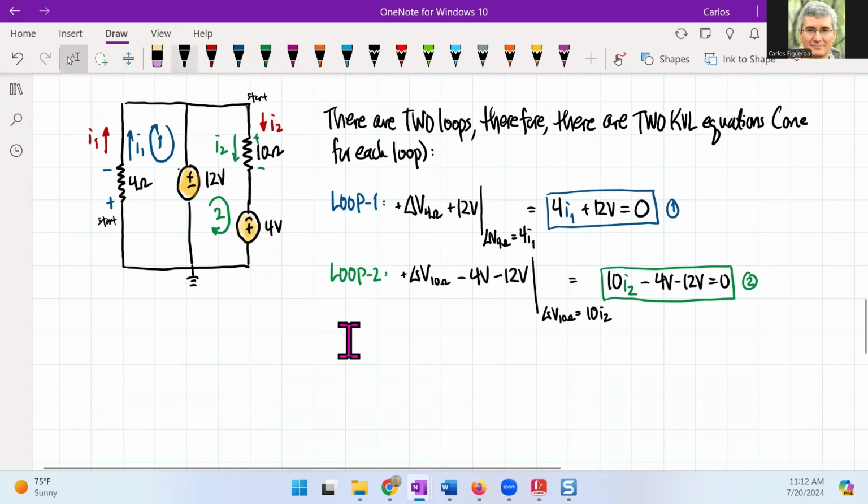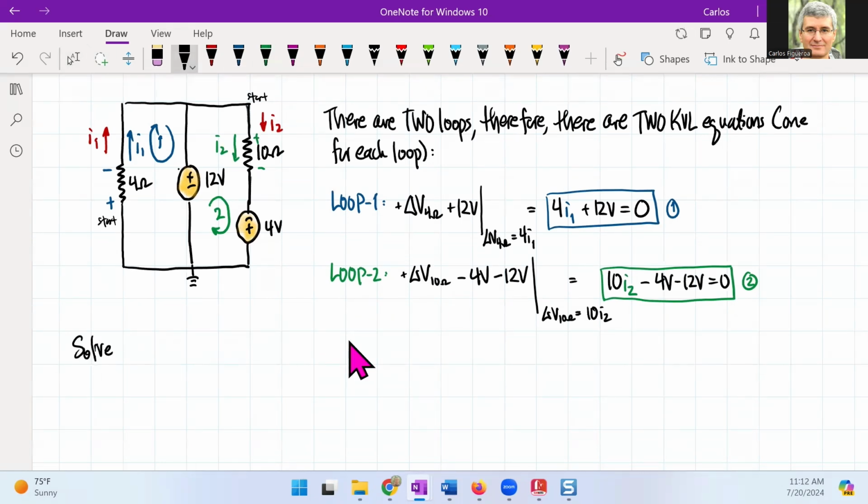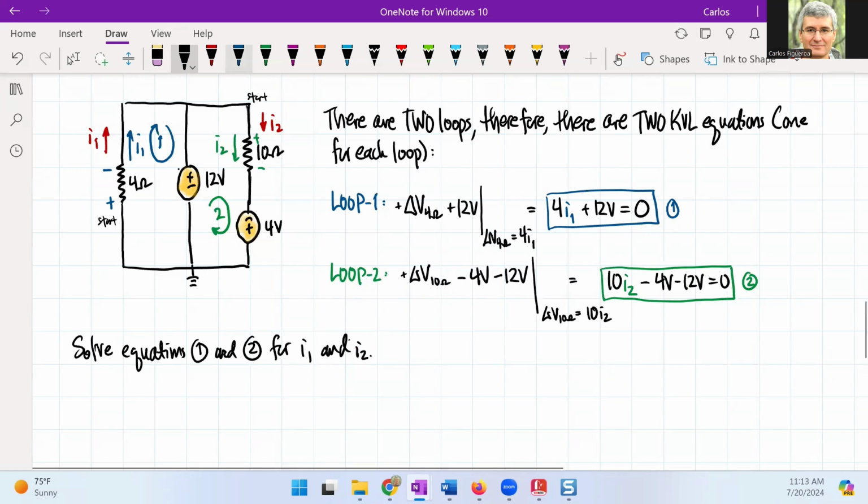Okay, so now we solve equations 1 and 2 for I1 and I2. If I look at equation 1, you could see that this is a fairly simple equation.